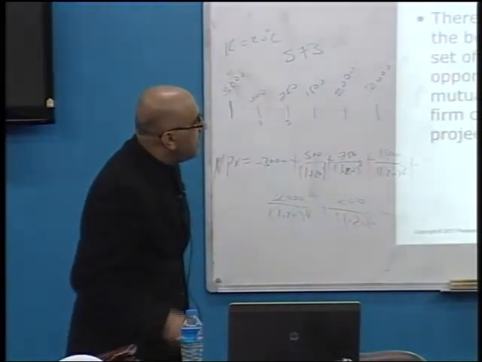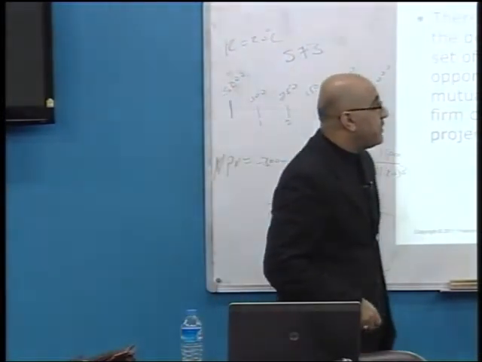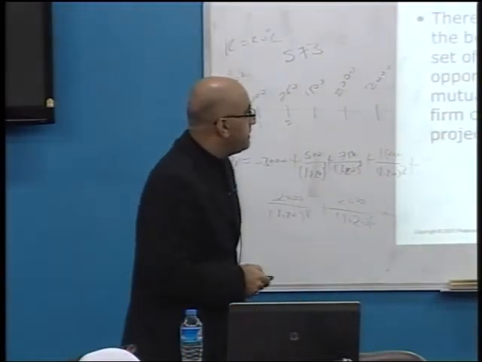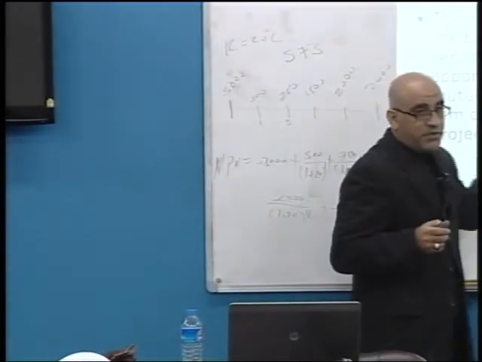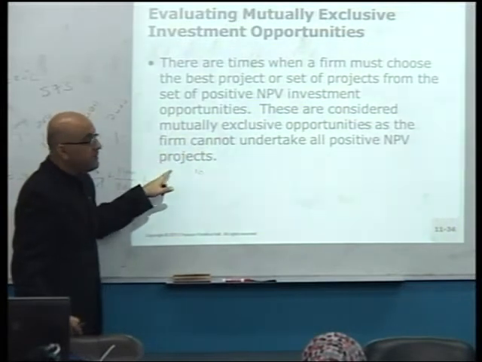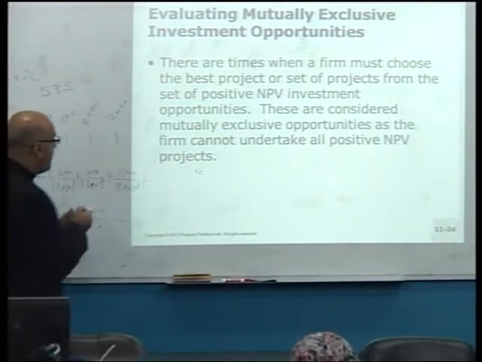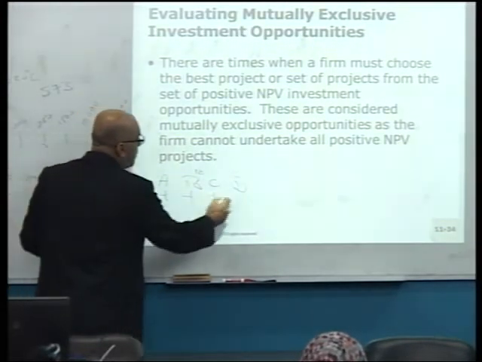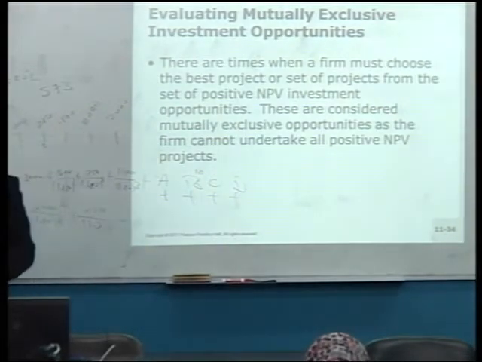There are times when a firm must choose the best project or set of projects from the set of positive net present value investments. These are considered mutually exclusive opportunities, as the firm cannot undertake all positive net present value projects. For instance, if we have A, B, C, and D, and all of them are positive, we cannot apply all of them, because we have limited funds.